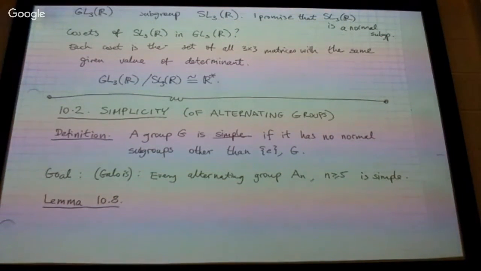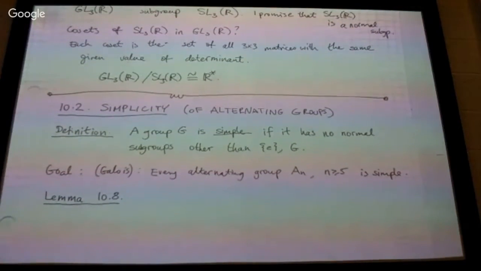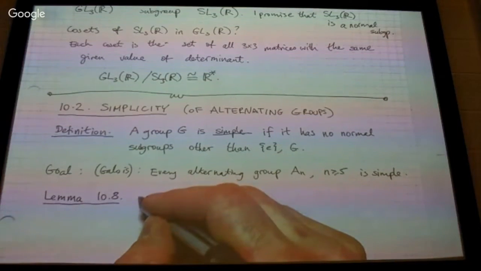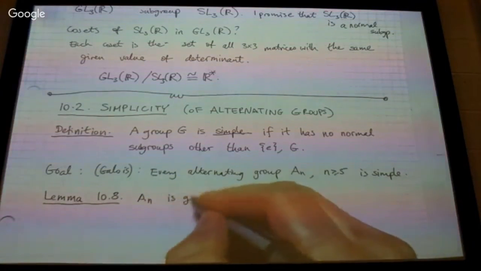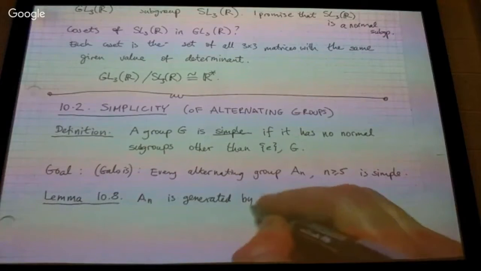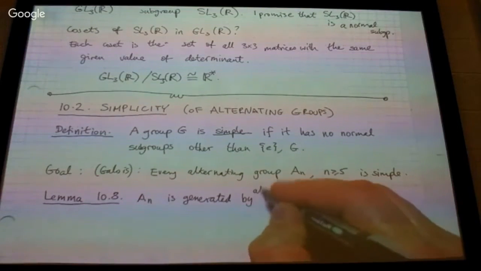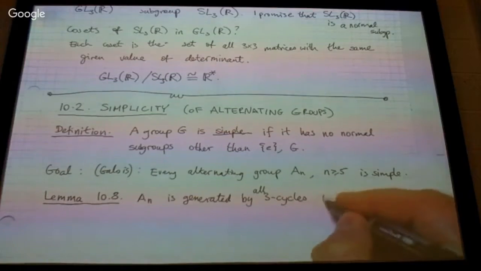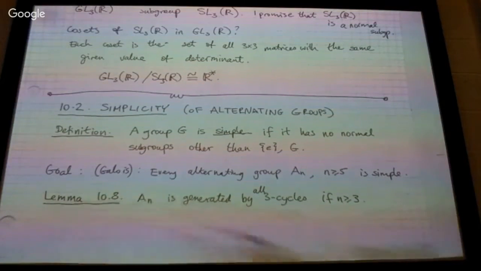The lemma is that if you take all the 3-cycles in A_n, then the subgroup that it generates is the whole of A_n. So A_n is generated by 3-cycles if n is at least 3. While if n is 2, then you don't have any 3-cycles, so that's it.